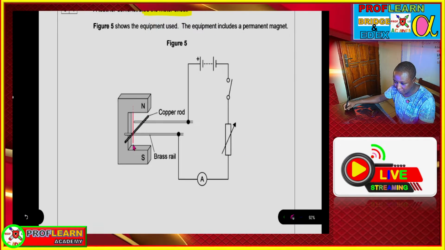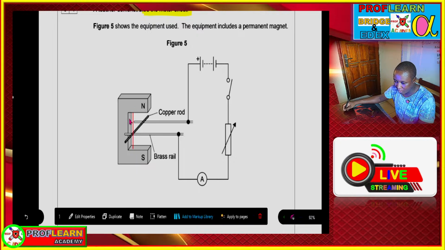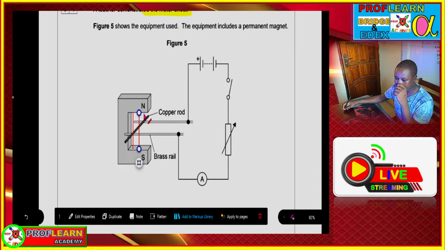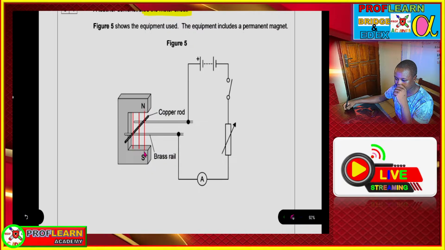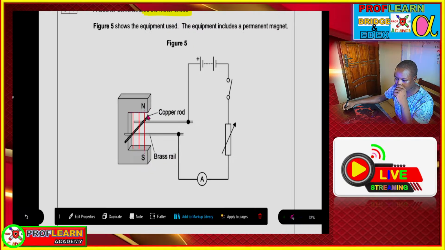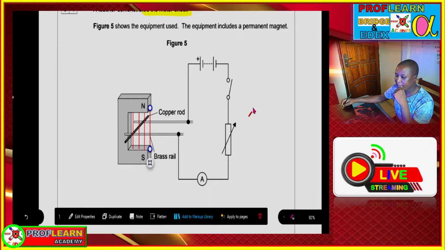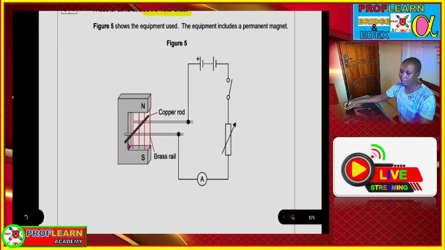So for instance, if you look at the diagram here, we have a permanent magnet, and this permanent magnet has magnetic fields. The magnetic fields usually point from the north to the south.